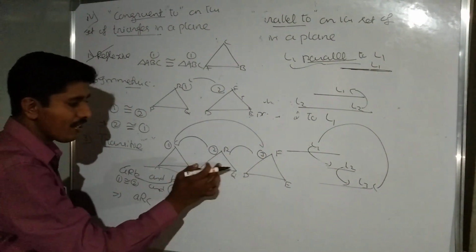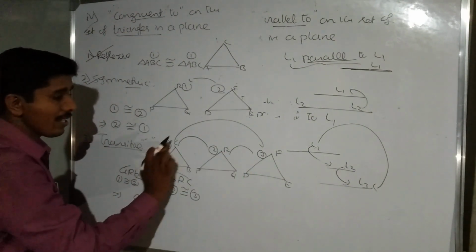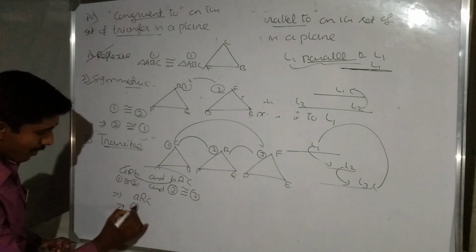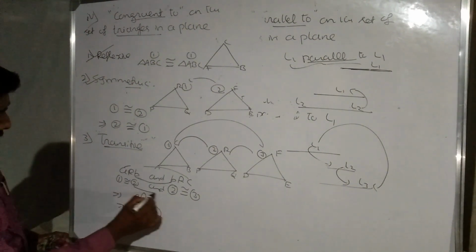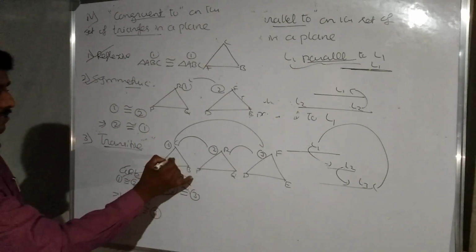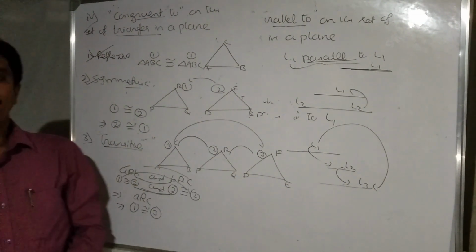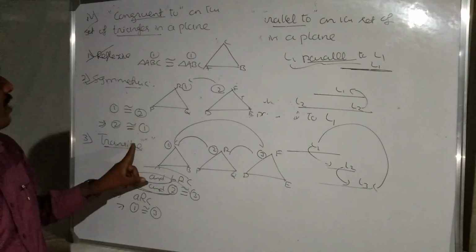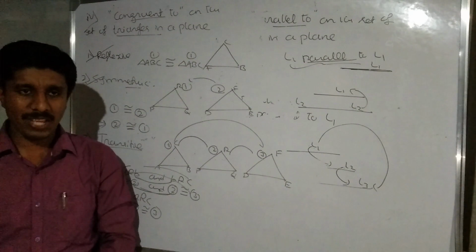Three triangles are congruent to each other, so first one is also congruent to third triangle. Here middle elements are equal. Clearly one is related to three because all three triangles are congruent to each other. Therefore this relation is transitive. So it clearly satisfies reflexive, symmetric, transitive. Therefore congruent to relation is an equivalence relation.